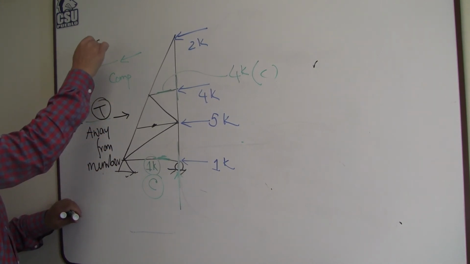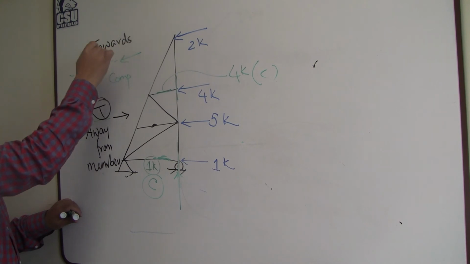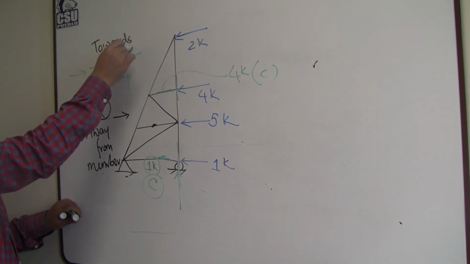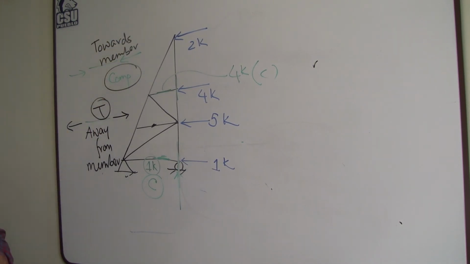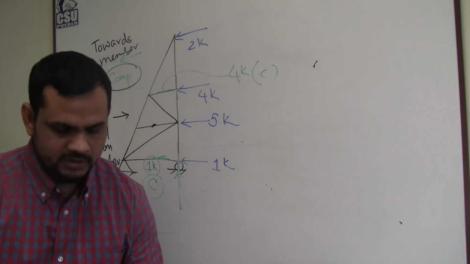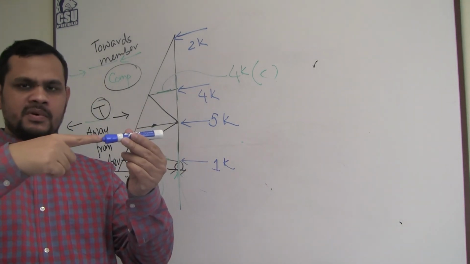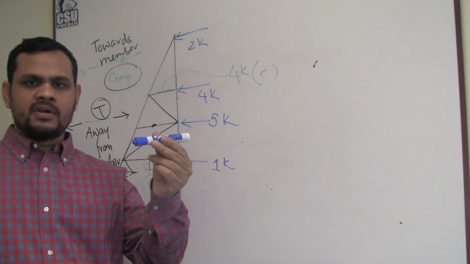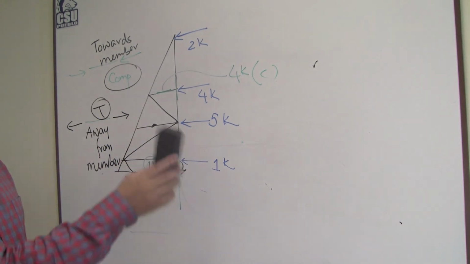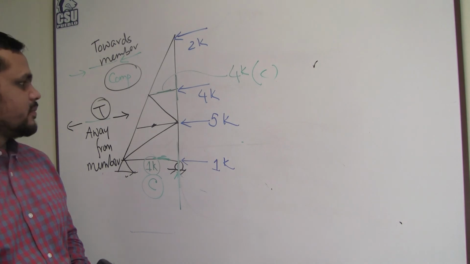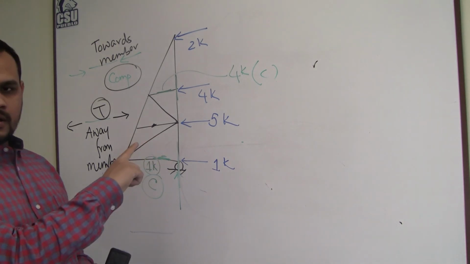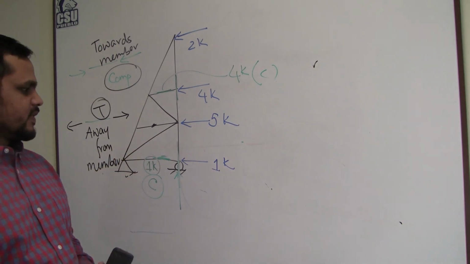Towards the member, compression. So if the force acts towards the member, compression; away from the member, tension. So we discussed 2 methods: zero force member, and what I named same perpendicular.